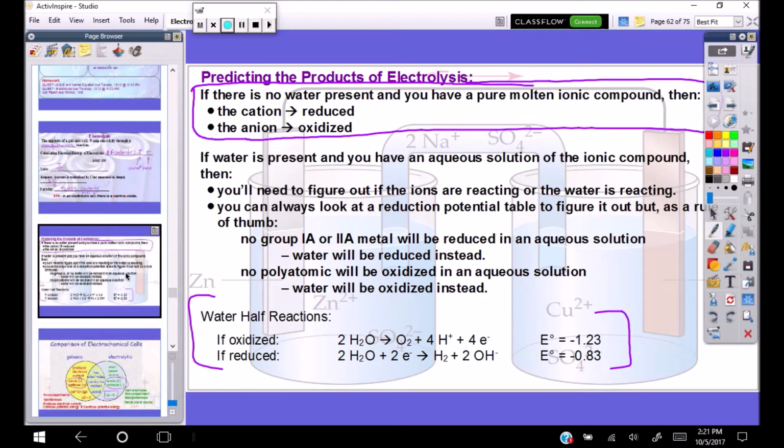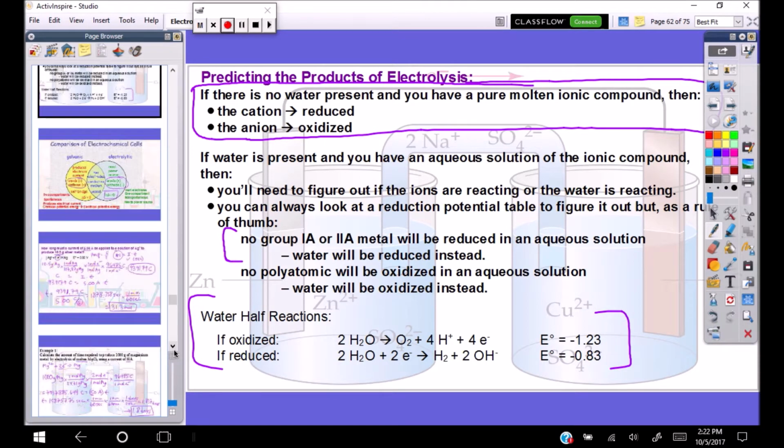So if water is present, we have to figure out which is getting reduced and which is being oxidized. Looking at a rule of thumb, we do have a lovely group 1 element here. We have potassium. Potassium will not be reduced in this reaction. We can assume that water will be reduced instead, but let's prove it with the numbers, okay?